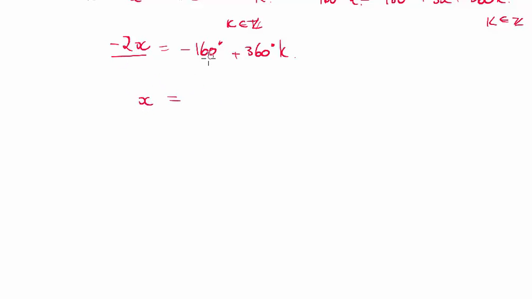I get x is equal to negative 160 divided by negative 2, which gives me 80 degrees. And then 360 divided by 2 should be negative 180 times k, because I divided by negative 2. But because k can take any value, positive or negative, we'll just keep it as a positive. It doesn't matter if you make it a negative, it's not wrong.